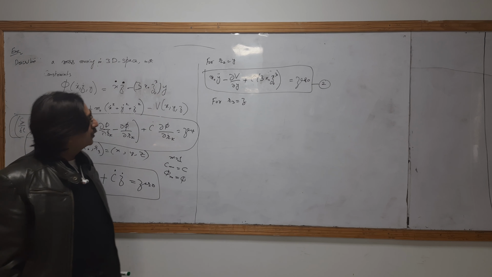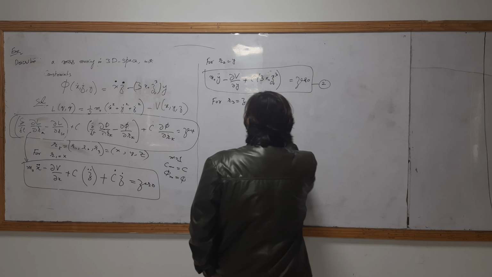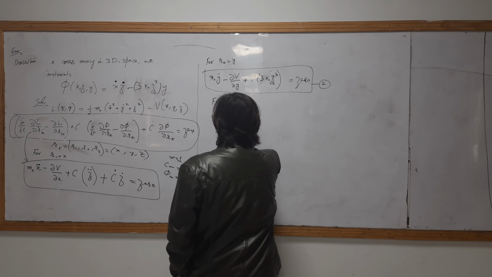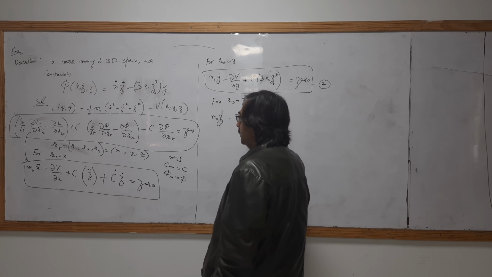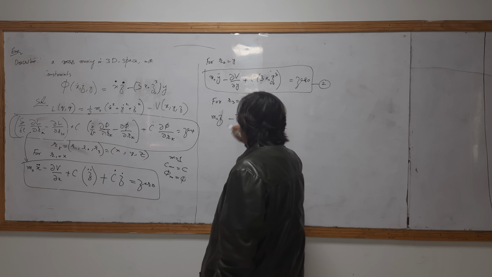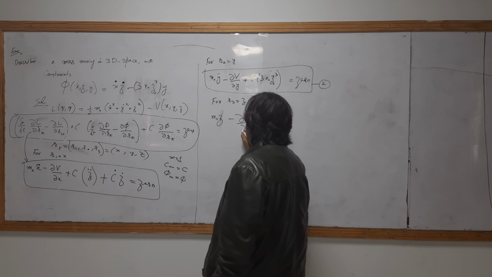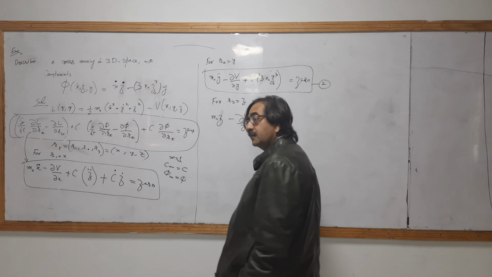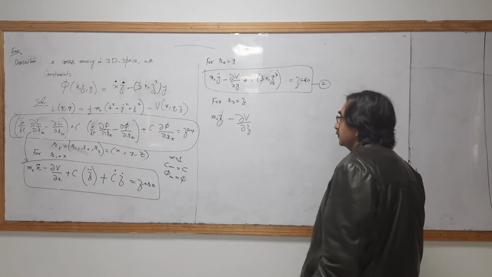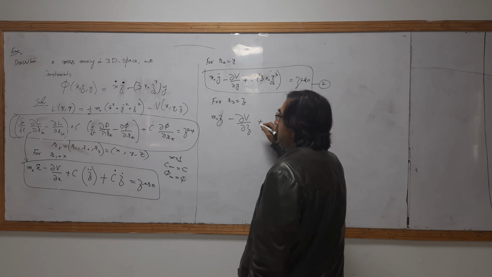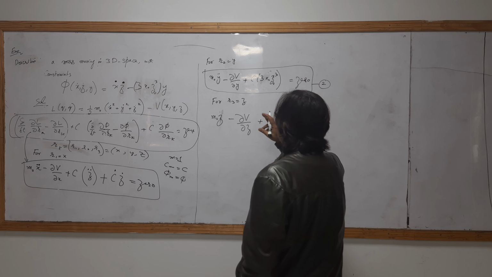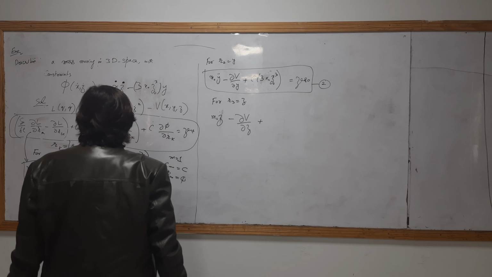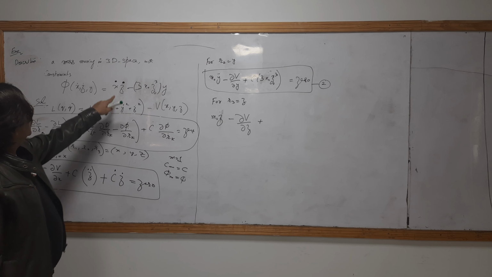So you have m naught z double dot, minus partial V over z, plus z naught x dot.